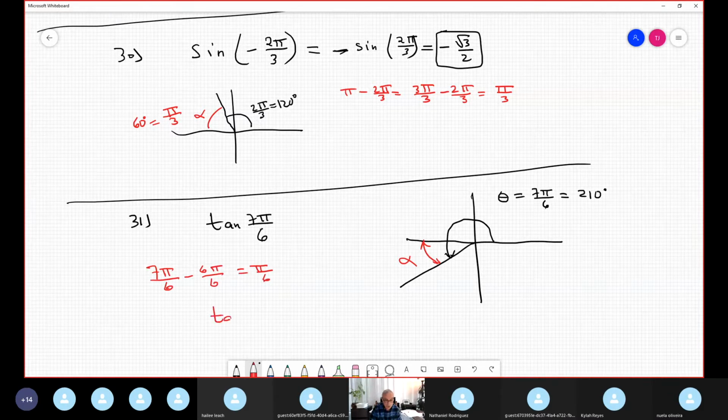Entonces, you compute the tangent of pi over 6, like the angle in the first quadrant, que es radical 3 over 3. And what about the sign? Is it negative or positive for the original? I know that the value is radical 3 over 3. It's positive, because the tangent is positive in the third quadrant. Very well. Plus. You emphasize plus.